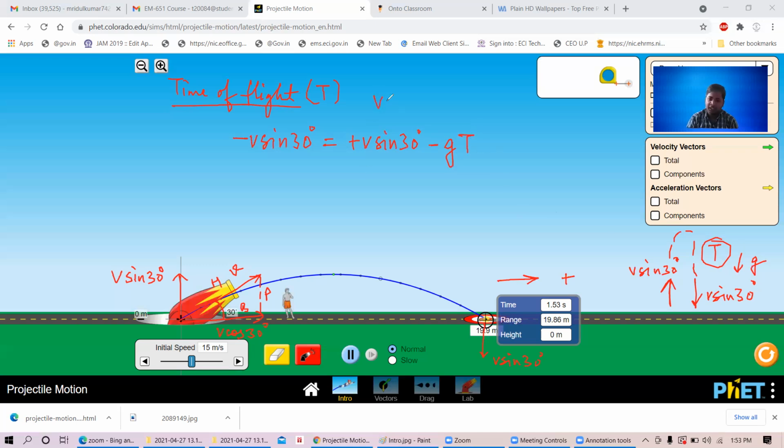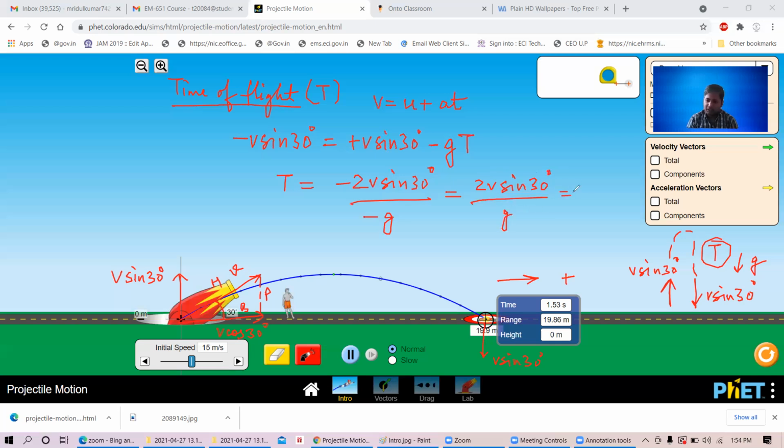So we are using the equation v equals u plus at. Okay. So we have the time of flight equal to this plus v sine 30 goes over there. So this is minus 2v sine 30, and we can find it as minus g t. So we can see that t equals 2v sine 30 by g.